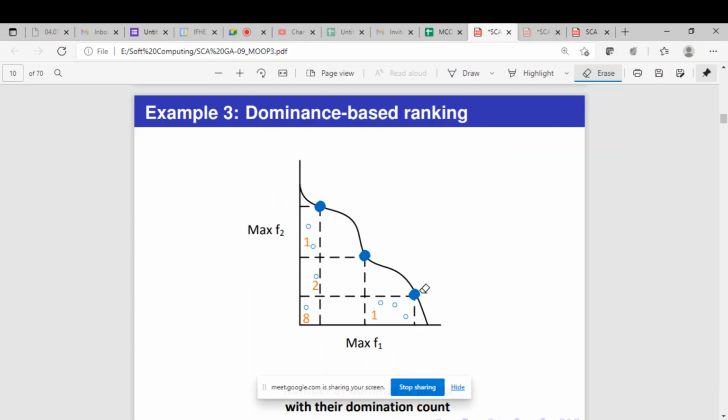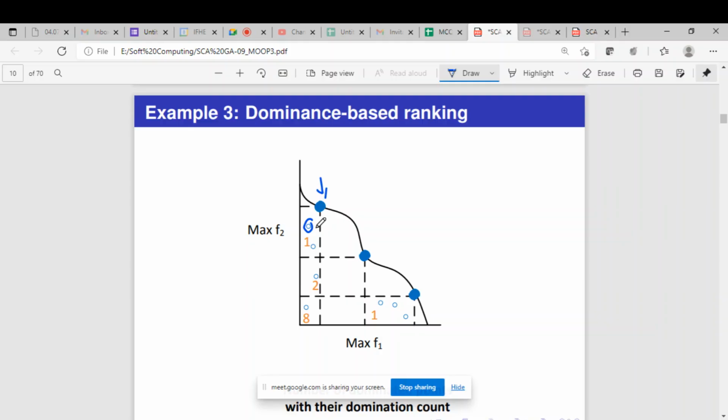Okay, see here, whom will you say is dominating? Say for example, if you take only this individual, he is dominating this individual, nobody else is dominating, only he is dominating.